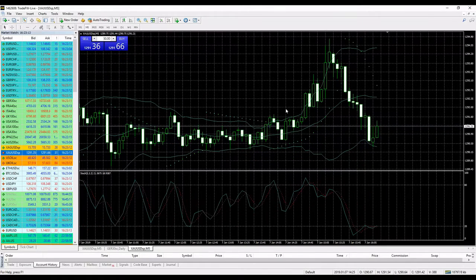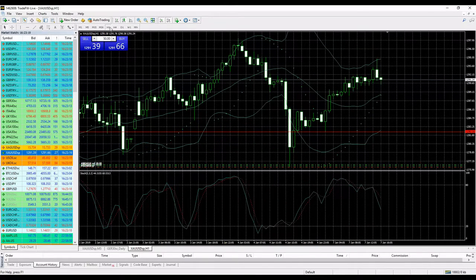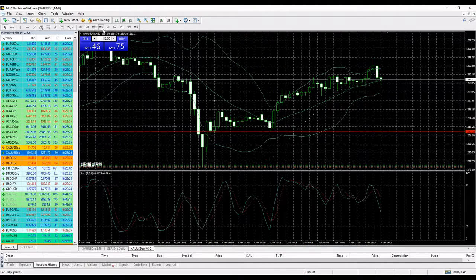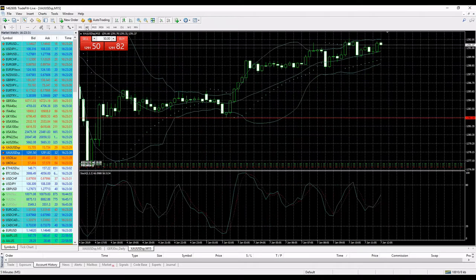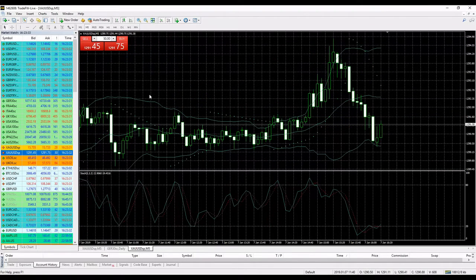Gold is crazy since this morning. We had a nice long position, then in the last hour it dropped significantly, and now it's trying to catch up again. I will go on gold, 50 lots up. I just bought gold.